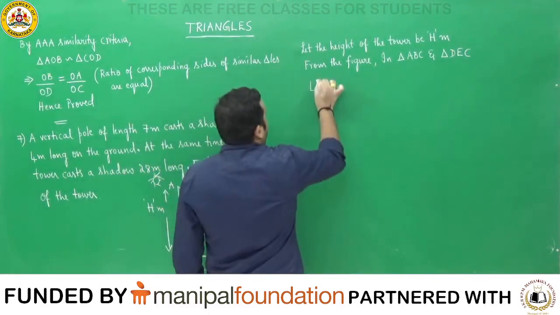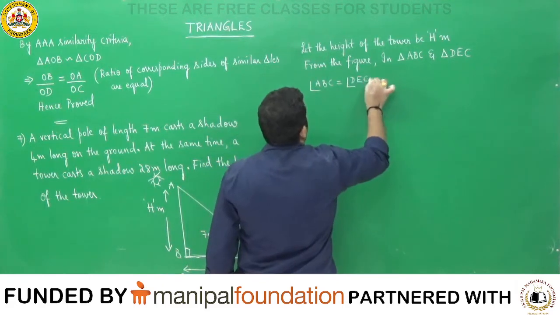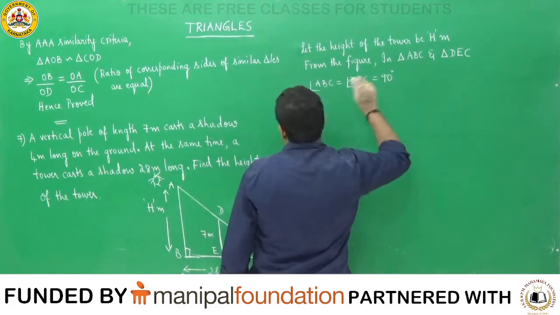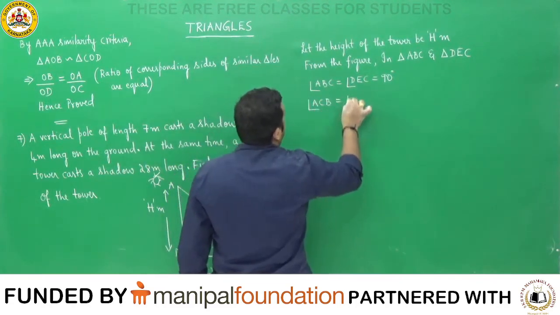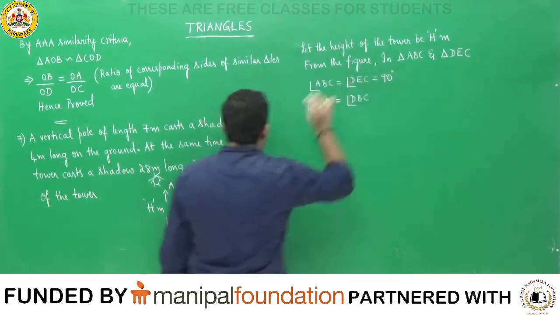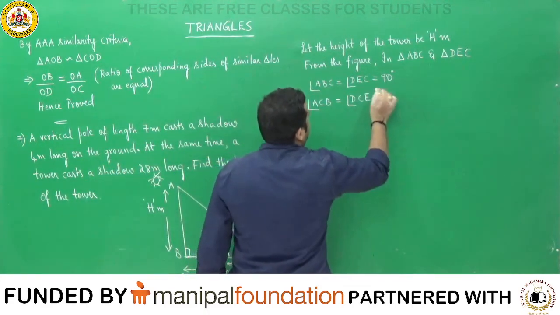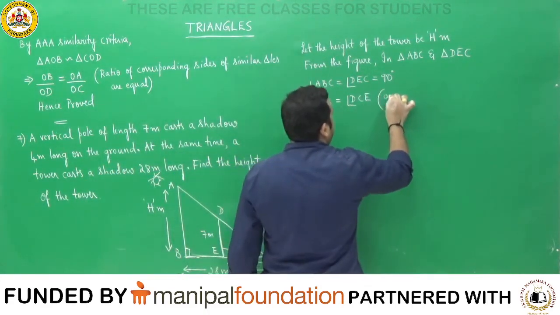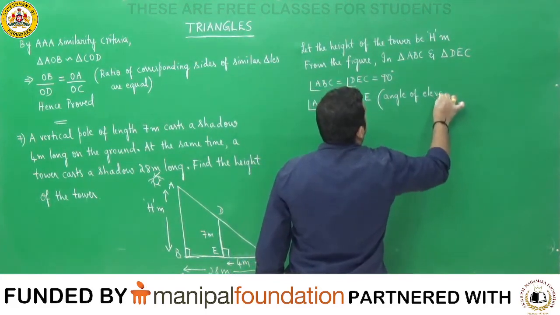I can say angle ABC equals angle DEC, which equals 90 degrees, and angle ACB equals angle DCE. What is the meaning of this? This is the angle of elevation of the sun at the same time.